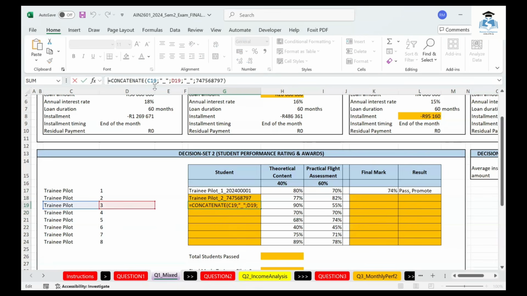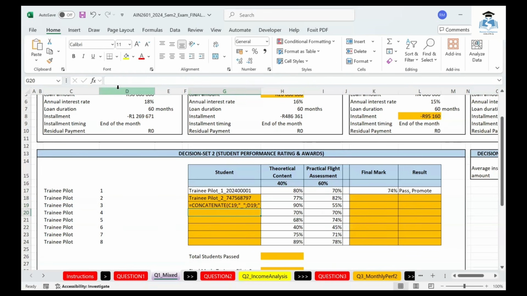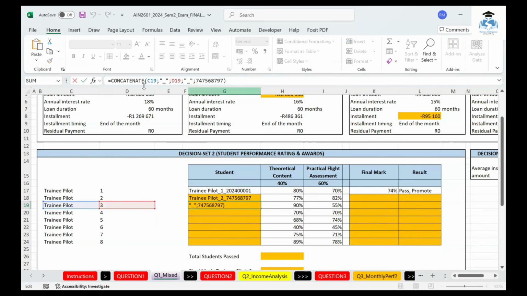So this is the formula. Oh no, that one won't populate here. Okay, so if I just click here, you see what it did. So concatenate the text. All these are text.